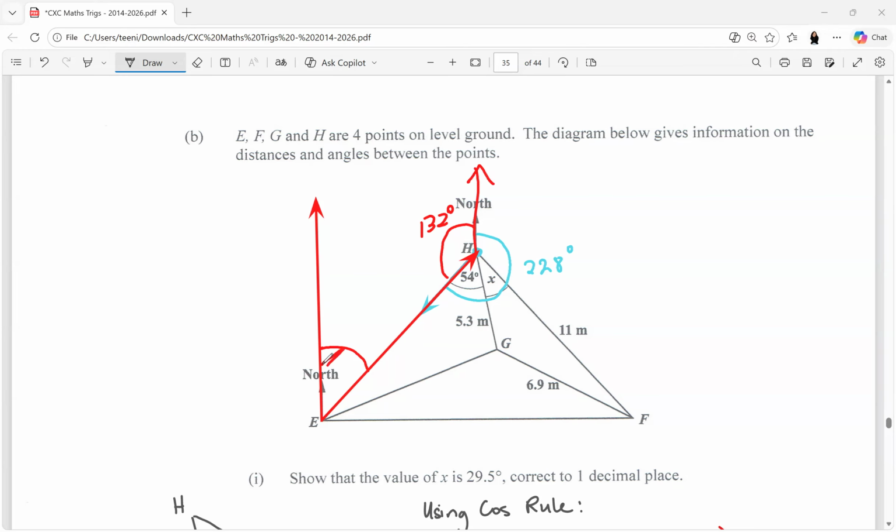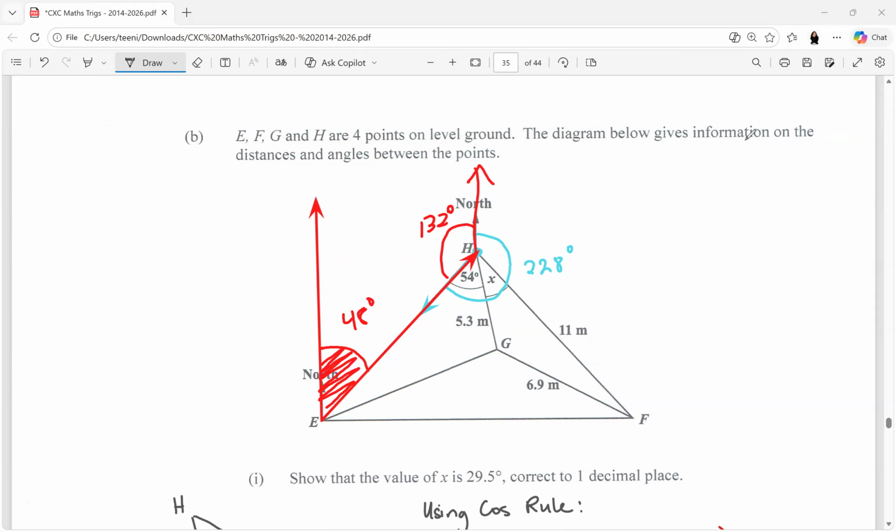Therefore, the bearing of H from E will be 180 take away 132, which is 48 degrees.